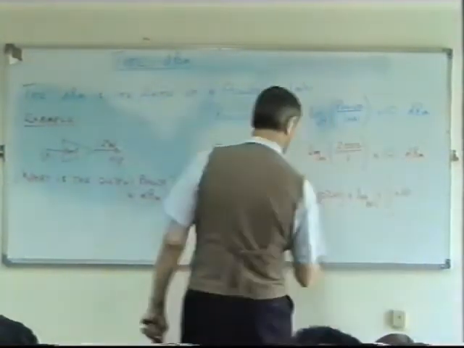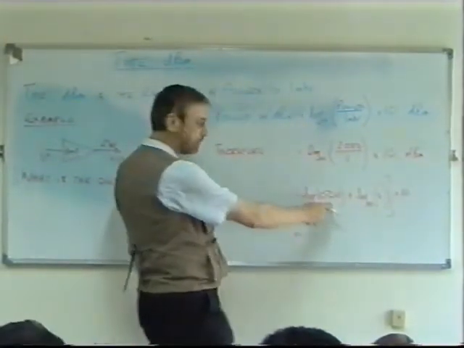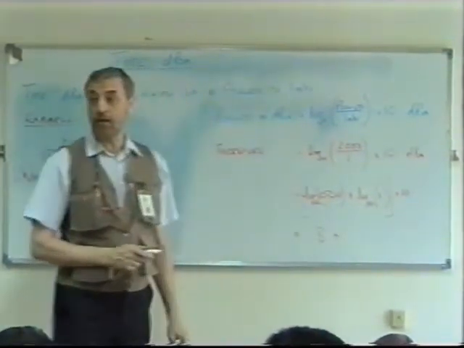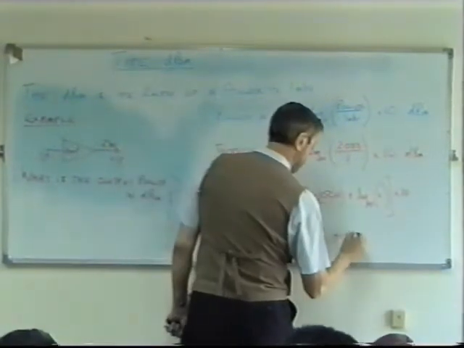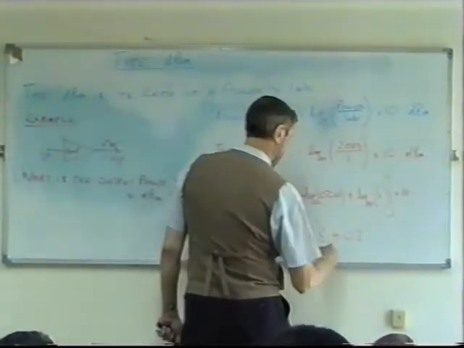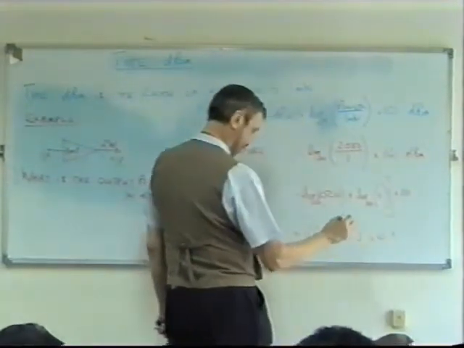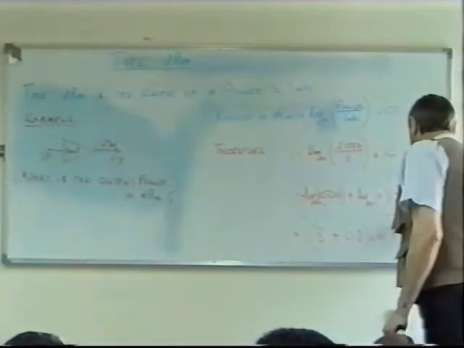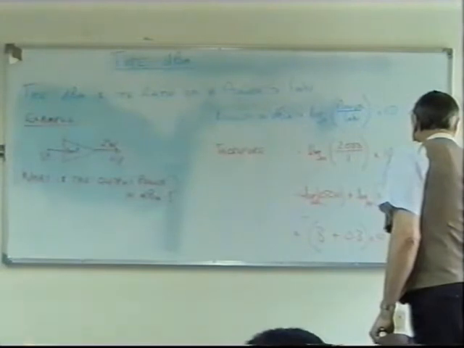So it would be the logarithm of 1,000, which is 3. And we already know, because I wanted you to remember this, that the logarithm of 2 is 0.3. And all that, of course, is multiplied by 10. So that gives me 33 dBm.